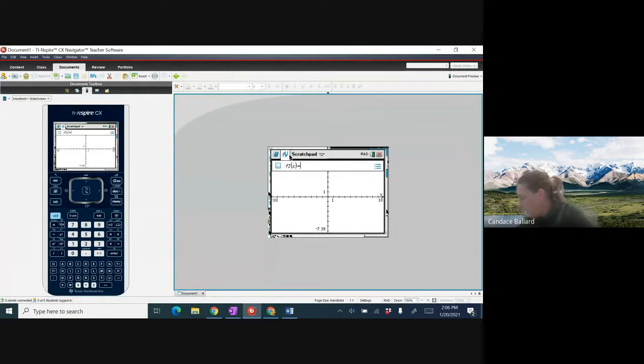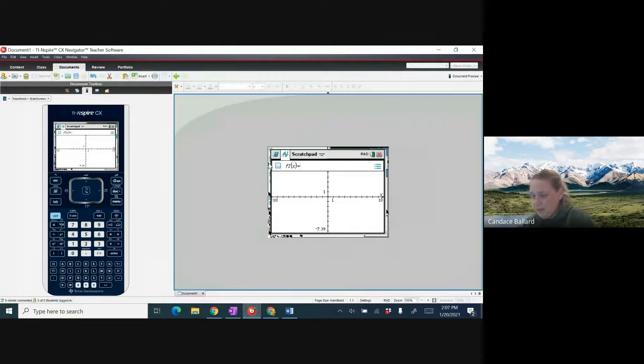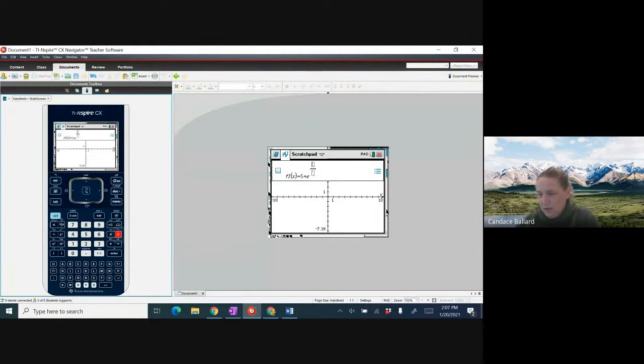I'm going to hit doc B and type in 5 plus e. I feel like I have the wrong problem in front of me. Let me go back and look. 5 plus e, then a control divide, and it was t over 3.